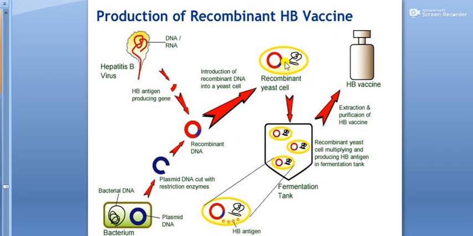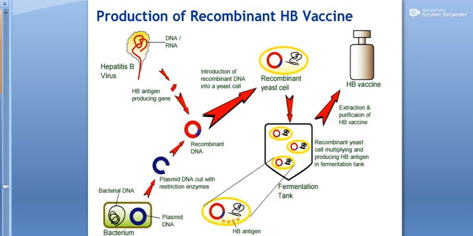After introducing the host cells, that is yeast cells, into the fermentation tank, those host cells form a large number of daughter cells. Those daughter cells contain the rDNA, that is recombinant DNA.